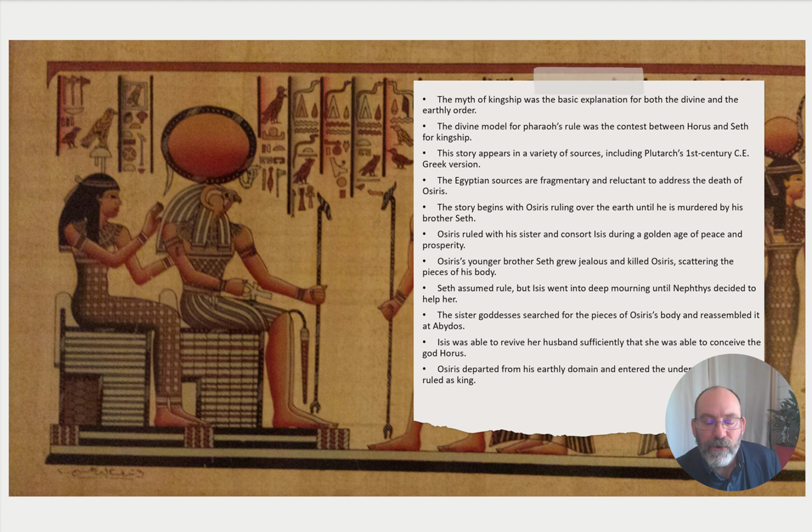Since she is a sorceress, her name is Isis, she is then able to resurrect him, and then they go back and finish the battle and are able to be victorious over Set.